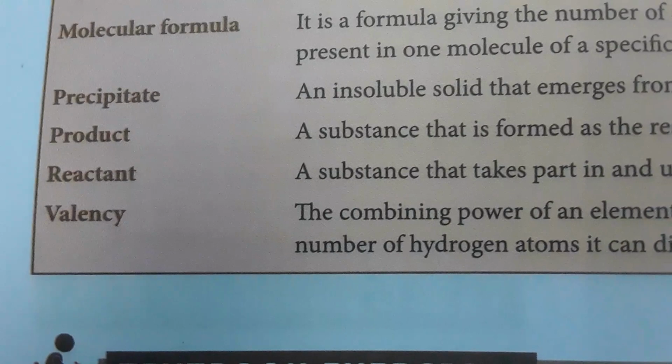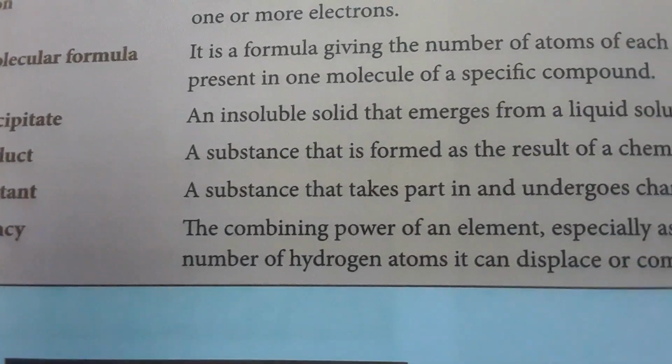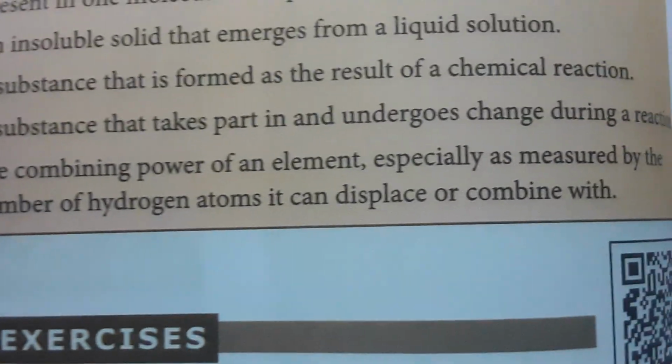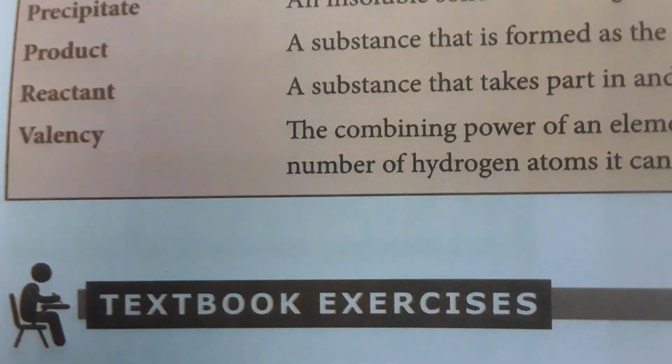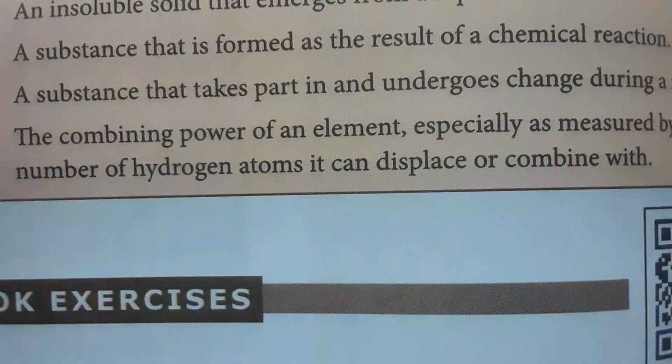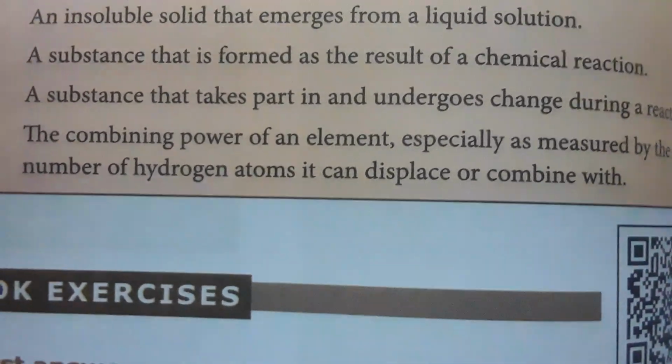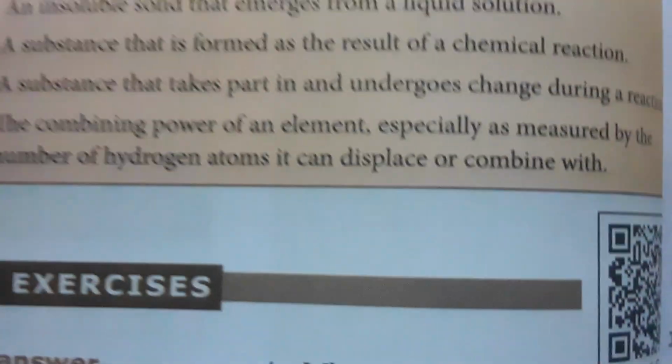A product is a substance that is formed as a result of a chemical reaction. A reactant is a substance that takes part in the chemical reaction. What is valency? Valency is the combining power of an element. It is measured by the number of hydrogen atoms it can displace or combine with. So these are the glossary terms.